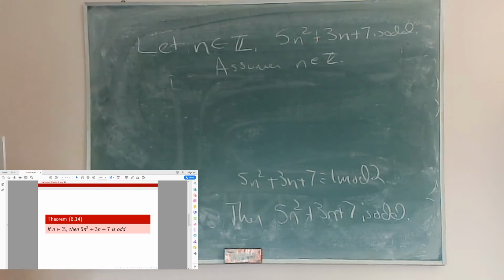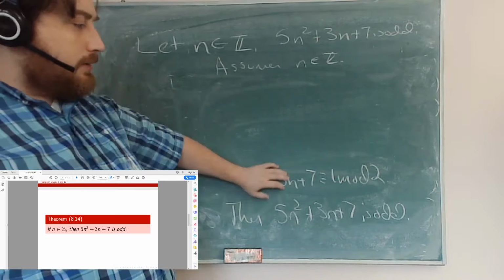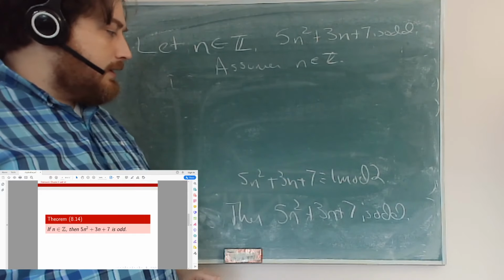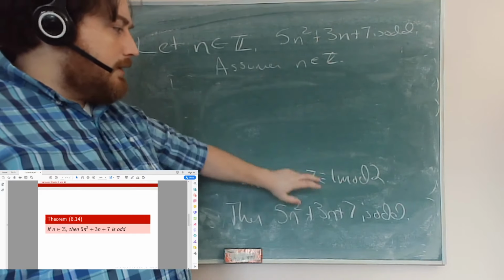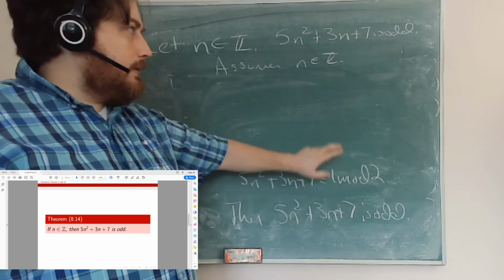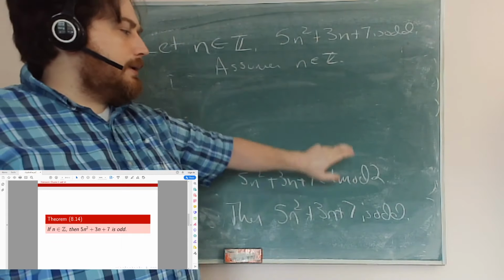But what I want to point out here is that now that I've picked that one, I want to know something about the integer so that I get this out. Now, if I take any integer, since I'm looking at things mod 2, what I want to know is what could any integer be mod 2?